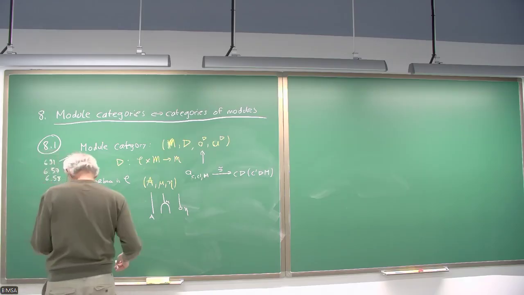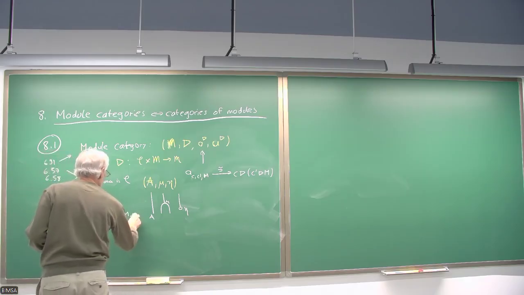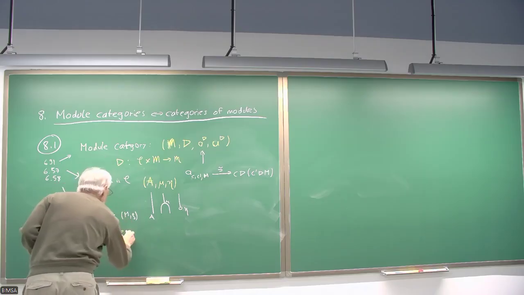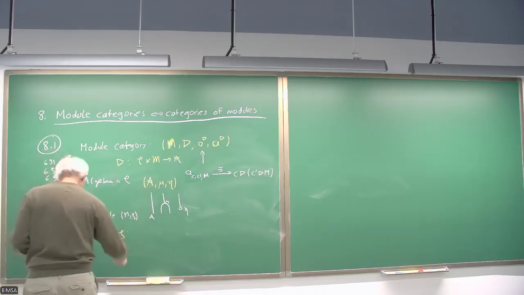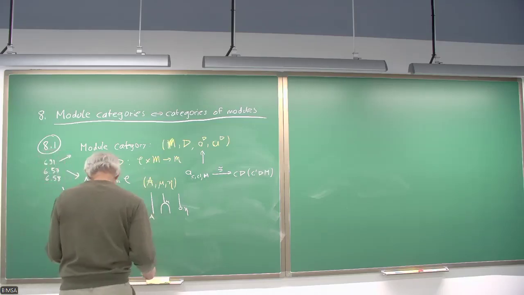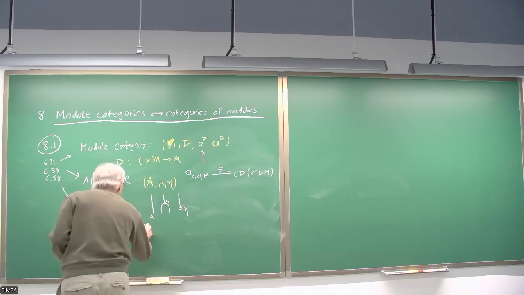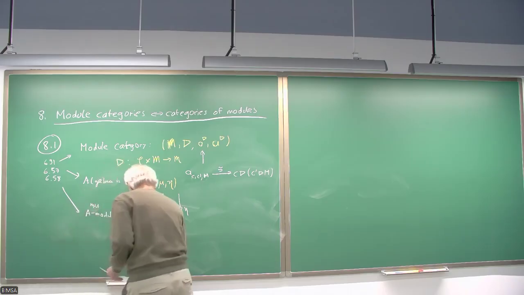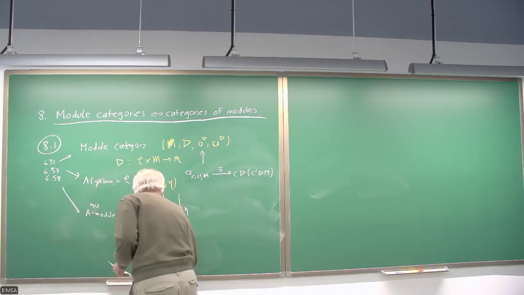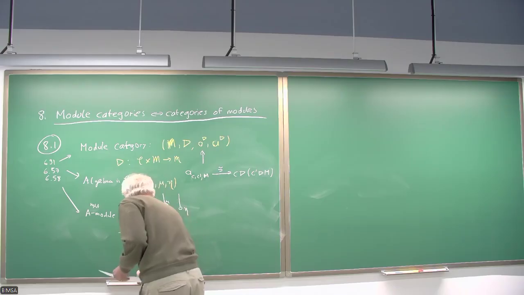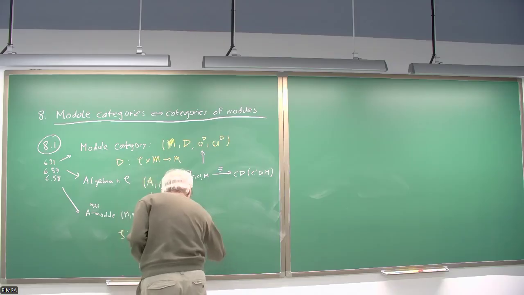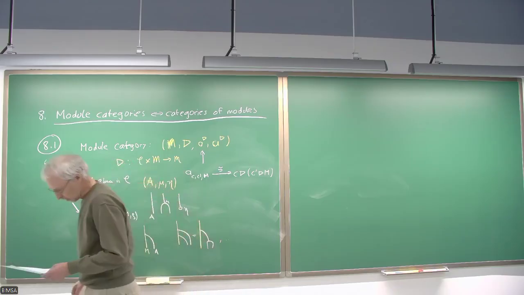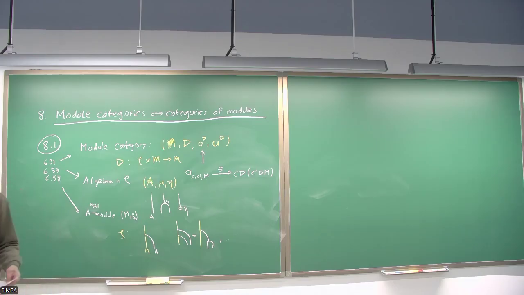I use the same letter M and then rho. Rho is a morphism from M tensor A to M, and now we talk about right modules in order to think in a sensible way. So now we have our M here, and A is acting on it, and this has to satisfy: acting twice is the same as first multiplying and then acting, and the compatibility condition with the unit.